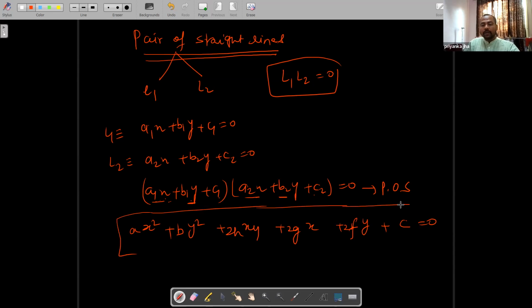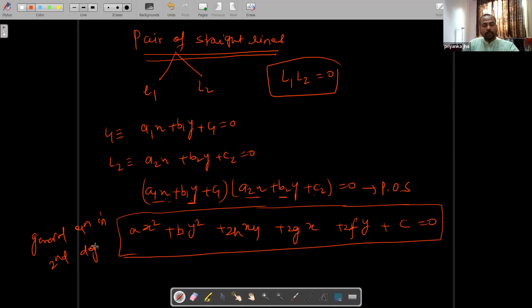This is called the second degree general equation. You can see the highest degree of the term is 2. So you have to remember this: ax squared plus by squared plus 2hxy plus 2gx plus 2fy plus c equal to 0. Right. Now, this general equation in second degree can represent all types of curves.